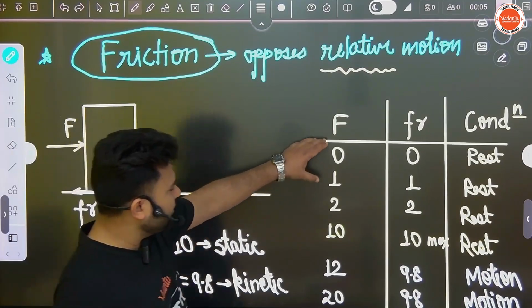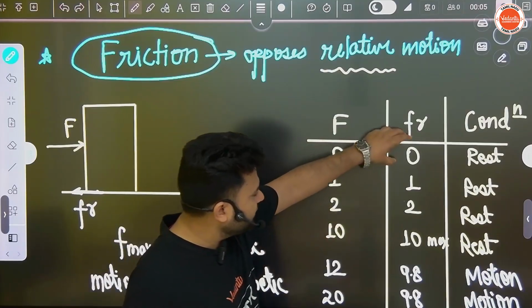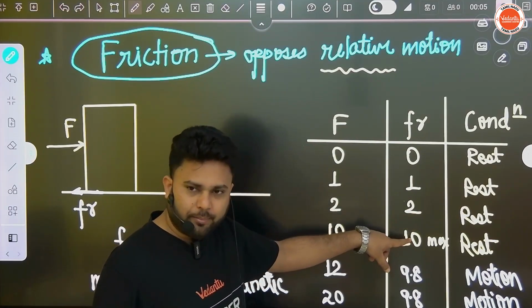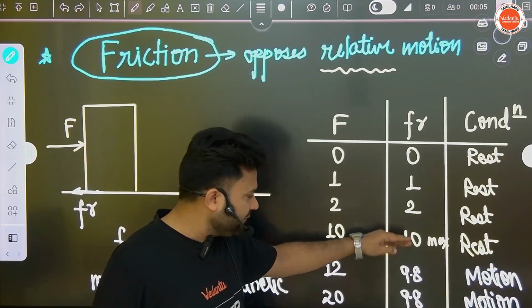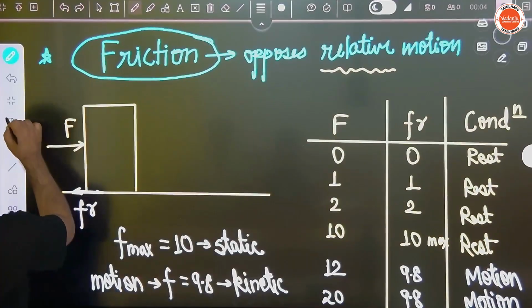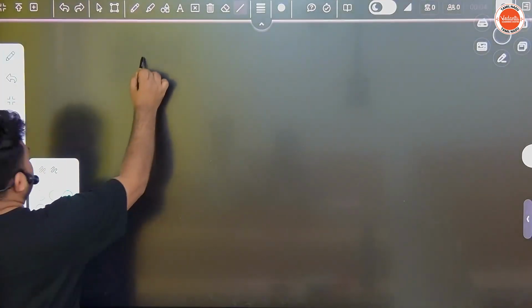From here, what you can see is, when you are increasing force, friction is also increasing till it reaches maximum, and thereafter friction decreases a little bit. So if I draw the graph, the graph is like this.